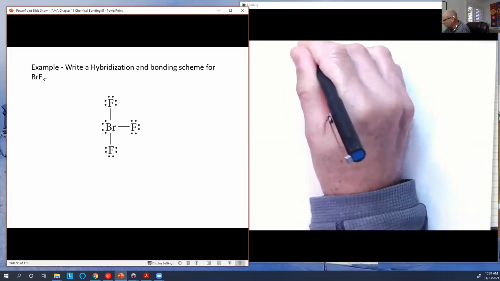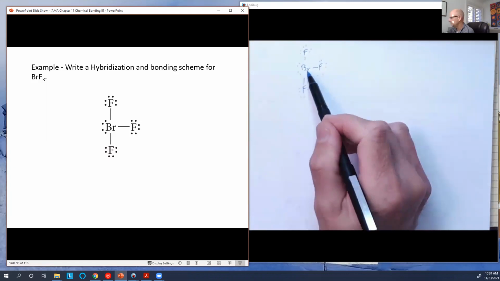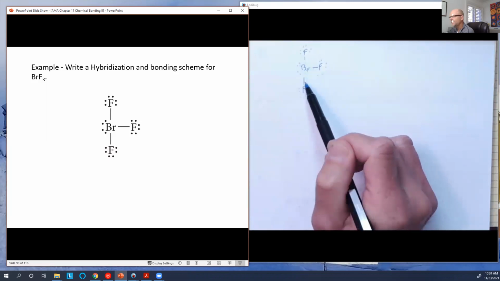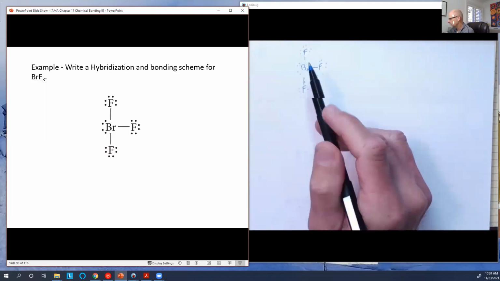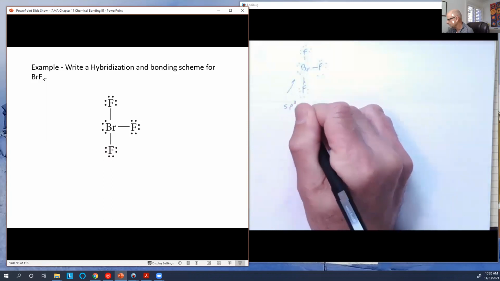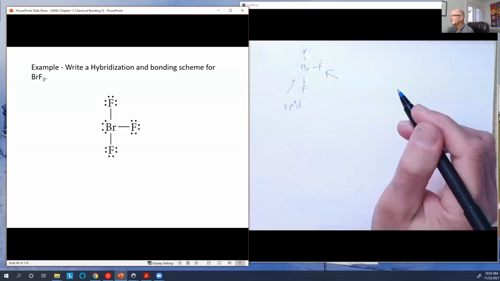When you do a hybridization and bonding scheme, always start with the Lewis structure because the Lewis structure is going to guide you. Okay. We're then going to say, okay, here's a central atom. How many electron groups? 1, 2, 3, 4, 5. So we know that the hybridization on the bromine is going to be sp3d. The fluorine is a terminal atom, right?